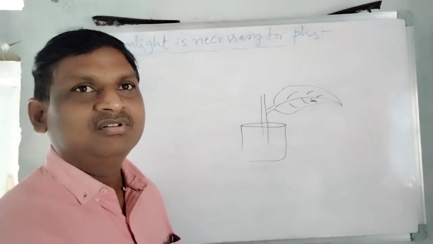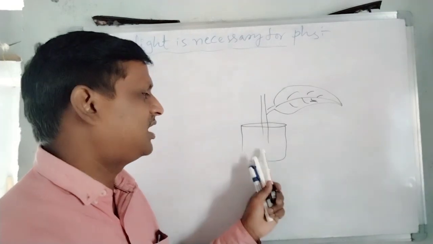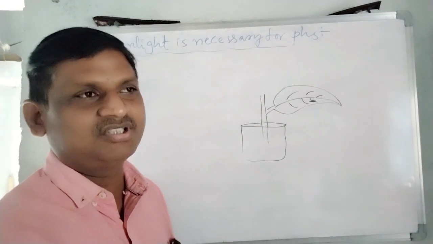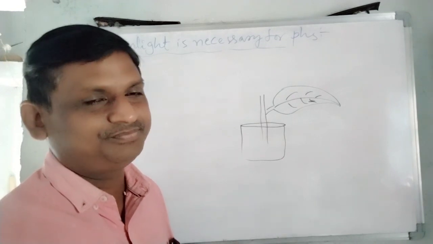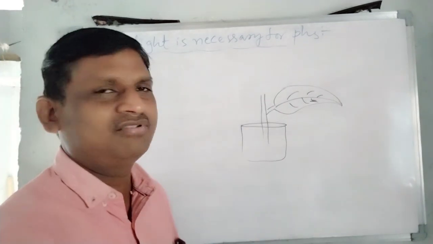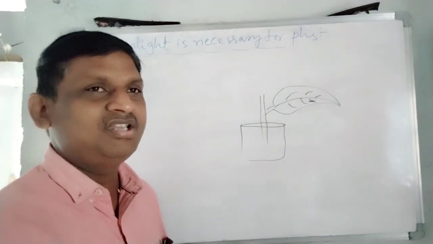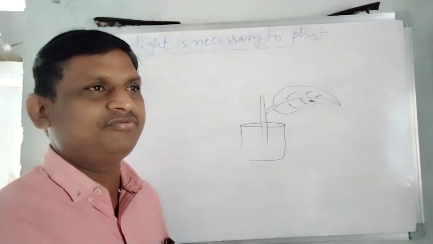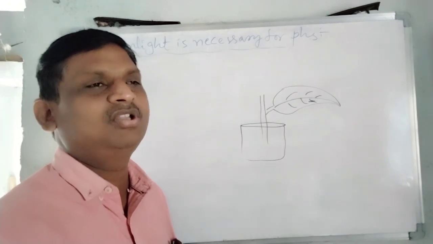To stop the process of photosynthesis, so that this plant is free from starch. That's why we kept the potted plant in the dark room for a few days, so that if there is any reserved food, the plant can utilize it for its survival and metabolic activities.